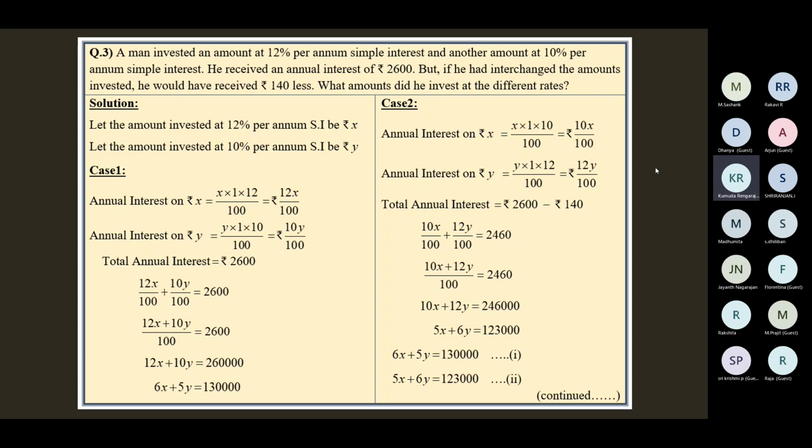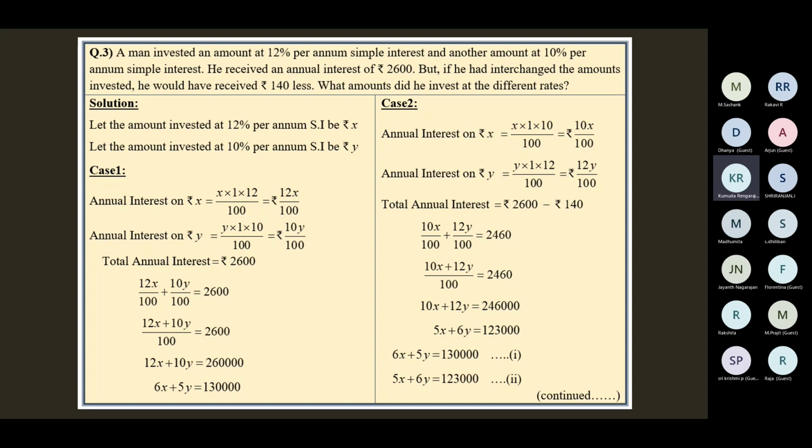Go through it, children. Please go through. It's continued on the next slide. Annual meaning 1 year. So the time period is not given, but since it's given annual interest, it means interest for 1 year.